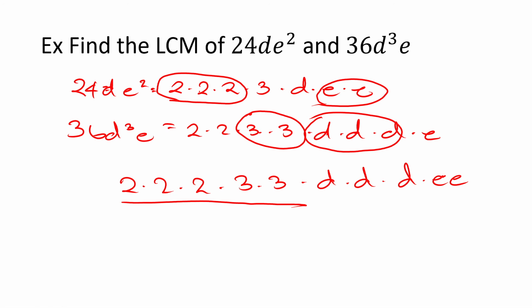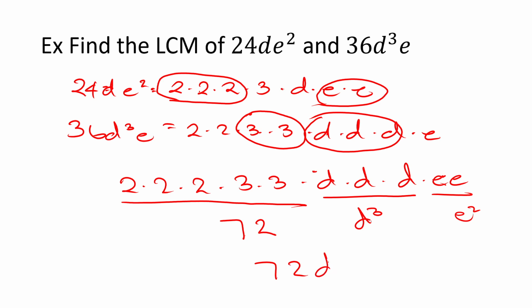And double check just in case. Yep, 72. Now d is d to the third and e is e to the second. Put them together, you get 72 d to the third e squared. And that's your final answer.